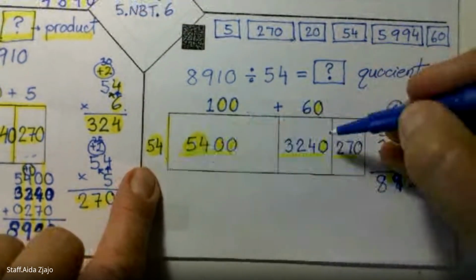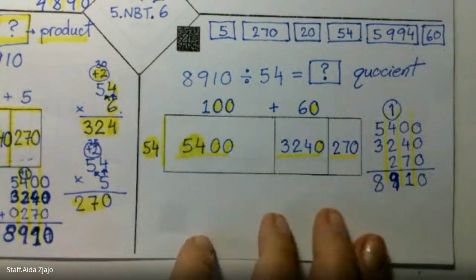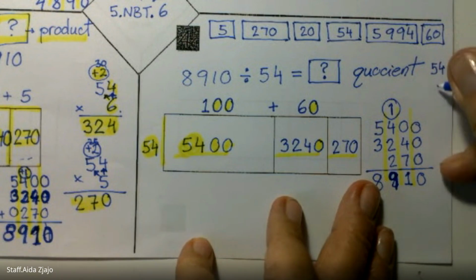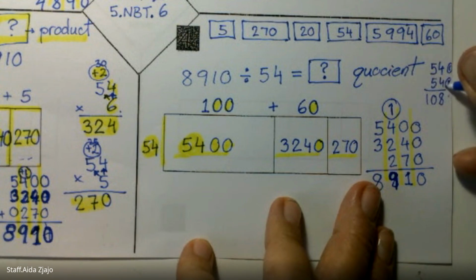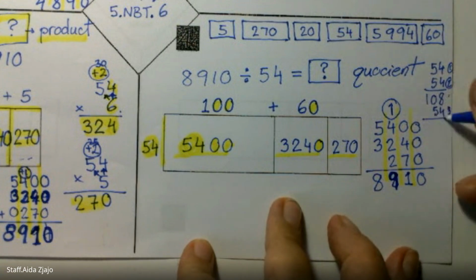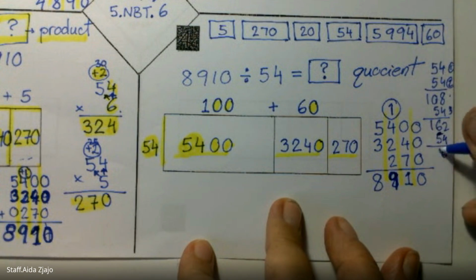6 times 54, or 60 times 54, has to be this number. If you don't know this, then you have to go and say 54, that's 1, plus 54, that is 108, then 54 will be 3. That is 162. And that is another 54. That would be 216. That's 4.